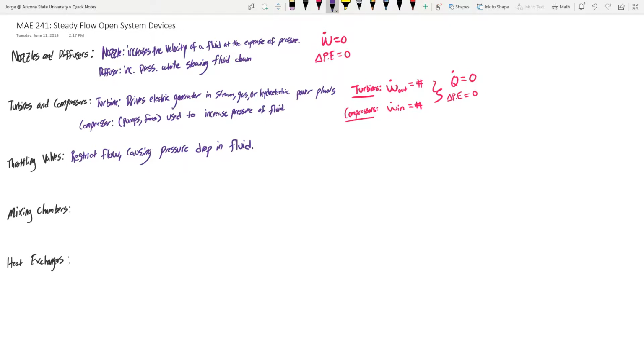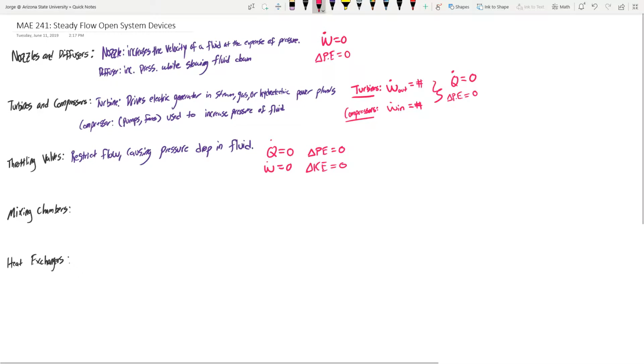Okay, and then some assumptions for this is we can say that Q equals 0 also. The work would equal 0. The change in PE would equal 0. And change in kinetic energy also equals 0.